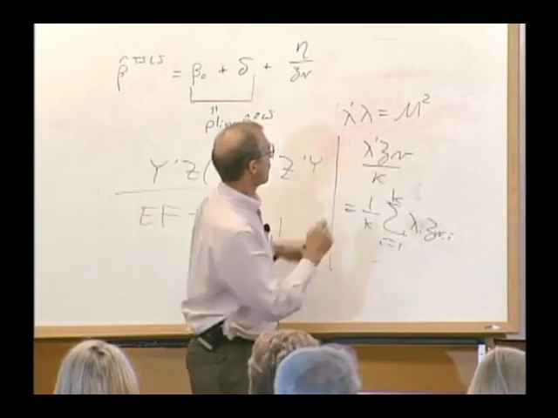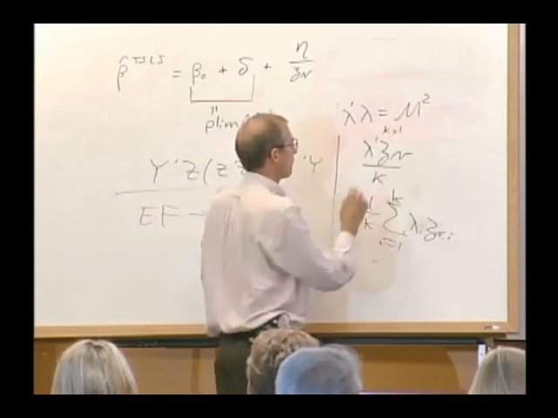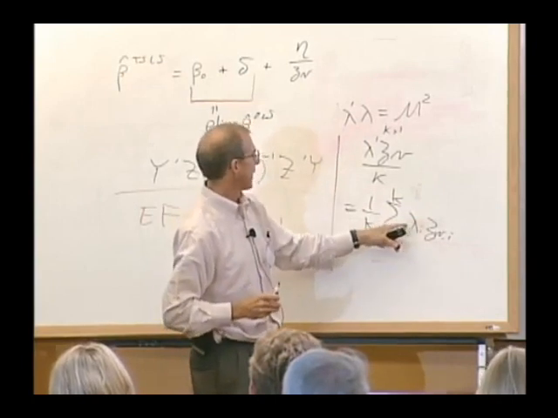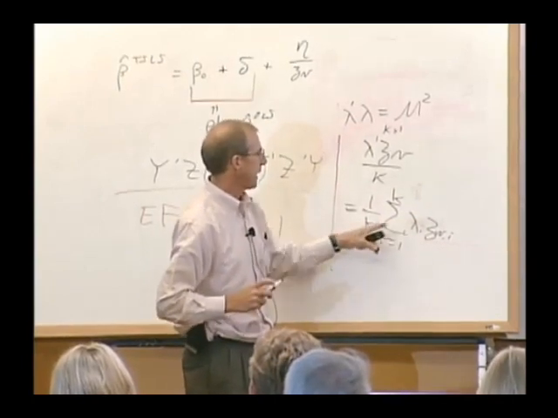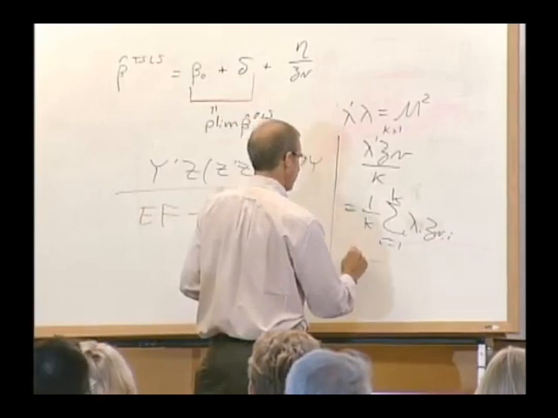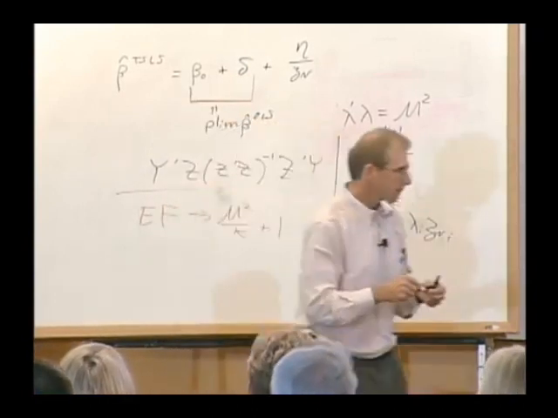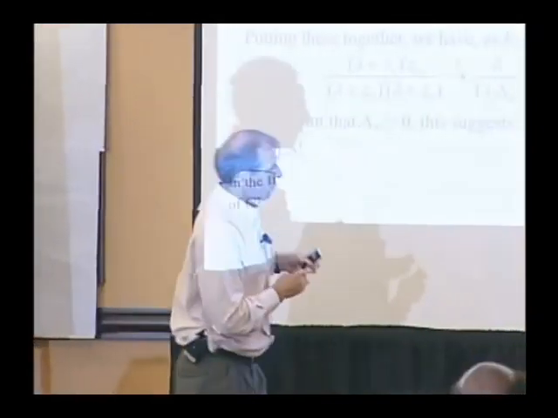ZV is a k by 1 vector, and it's normal. So I'm taking these normals, adding them up, and dividing by k. What is this thing going to do? It's going to converge in probability to 0 because I'm dividing by k. So I'm going to get some nice simplifications. Weak instrument asymptotics, when I take it to a limit, many instrument asymptotics, or more precisely, many weak instrument asymptotics, gets rid of this term here.